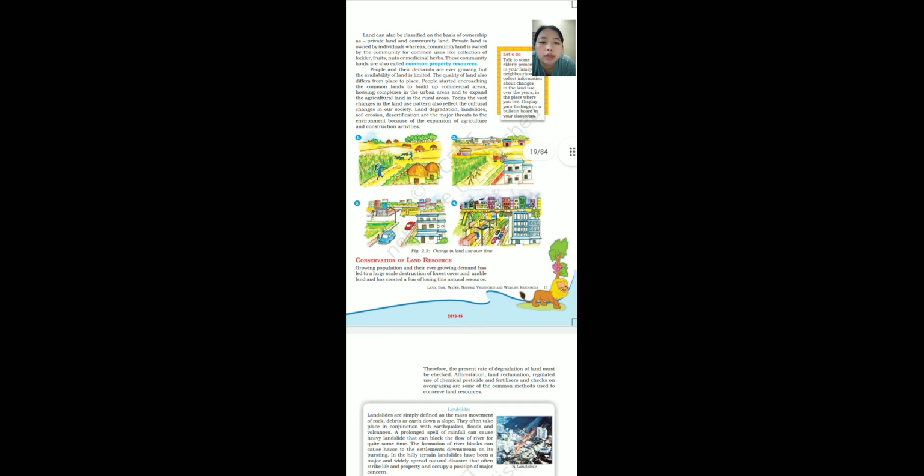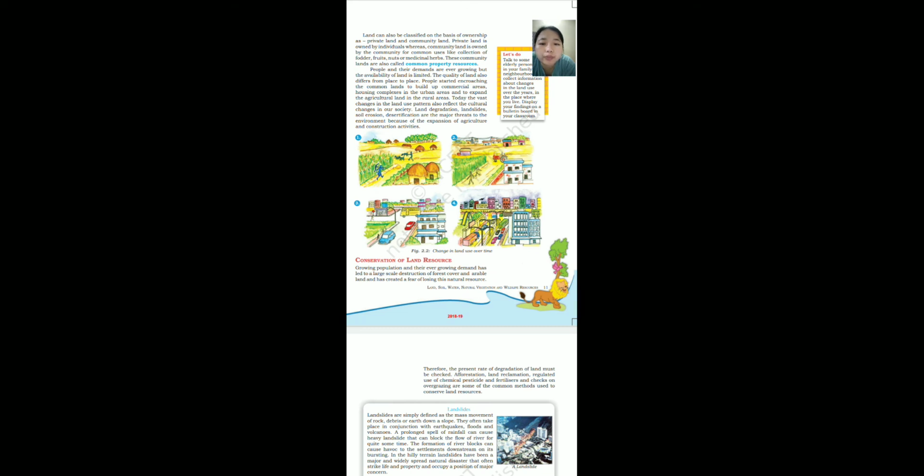Even the forests are being encroached by people. Areas which were usually untouched have more and more been encroached for different purposes, like commercial areas, housing complexes in the urban areas, and expansion of agricultural land in rural areas.